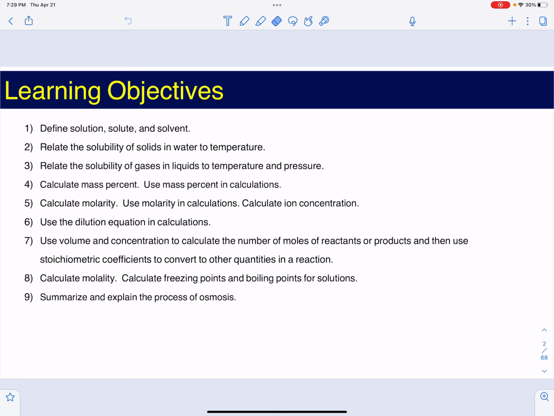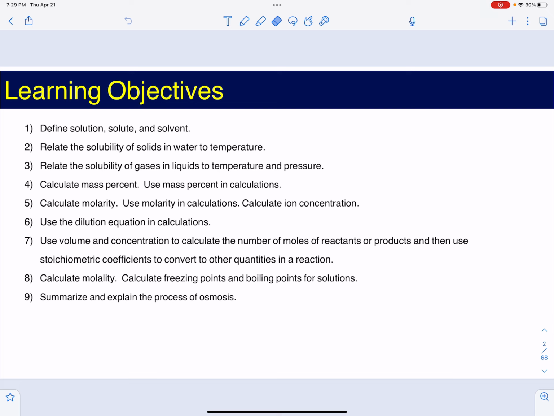We're going to first define what a solution is, what is the solute, and what is the solvent. Then we're going to see how the solubility of solids relates to temperature. We will also see how the solubility of gases relates to temperature.